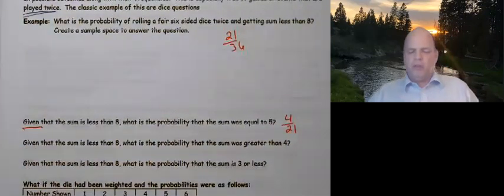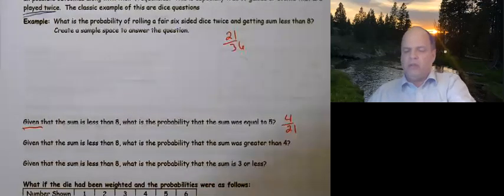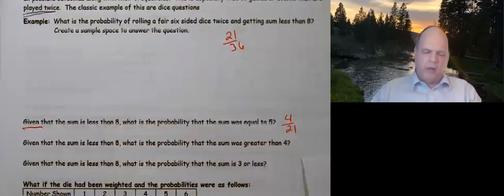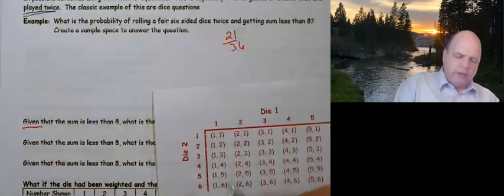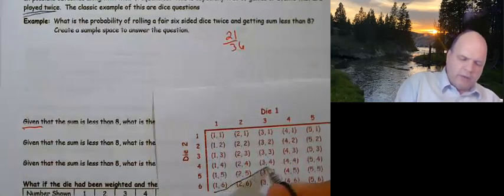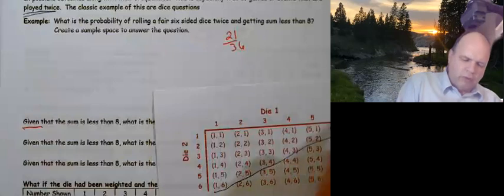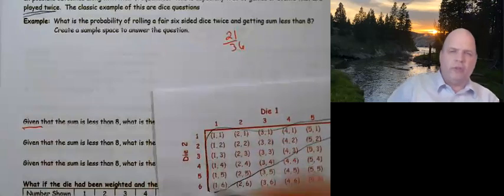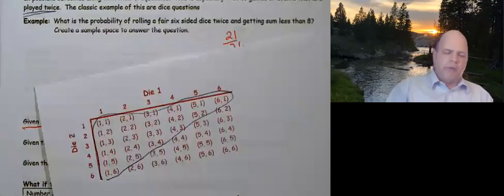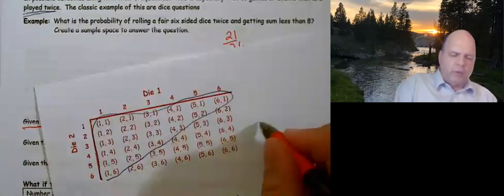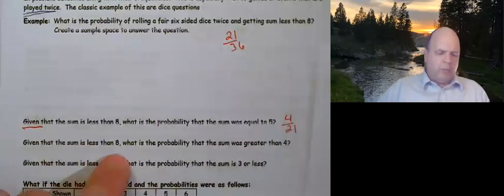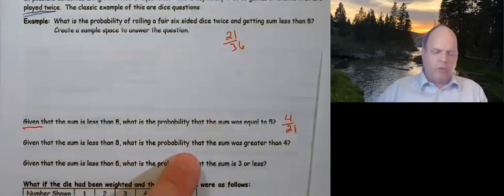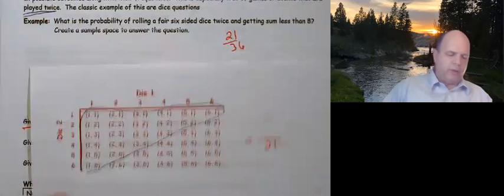Given that the sum is less than 8, so we're continuing on with that same problem of less than 8. So I'm just going to go ahead and circle that off. These are the ones that are less than 8. And since that's the given, and we know that there's 21 of them because we previously counted, all right, what's the probability the sum was greater than 4?